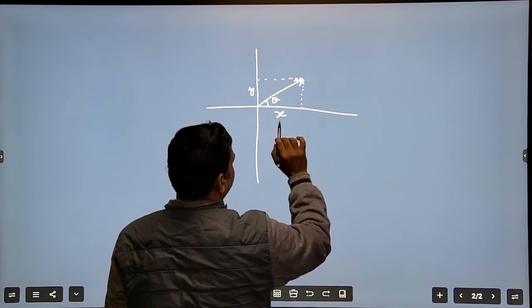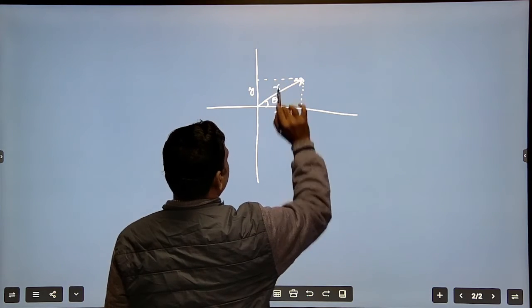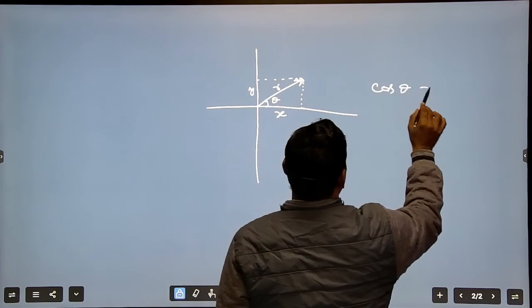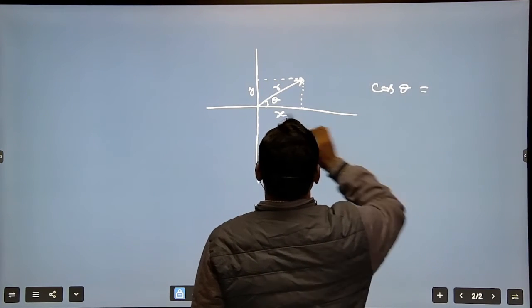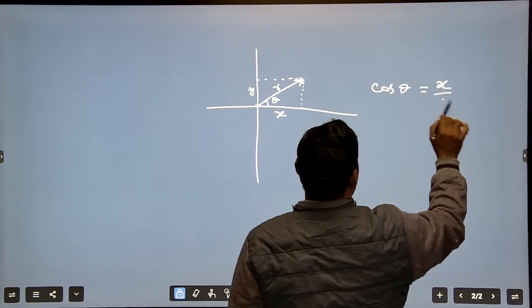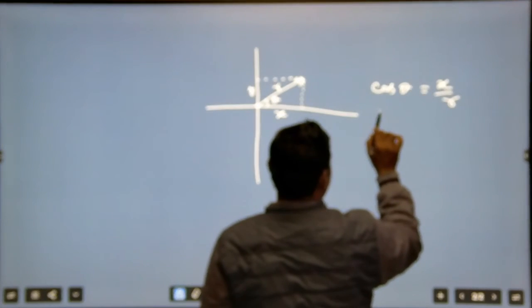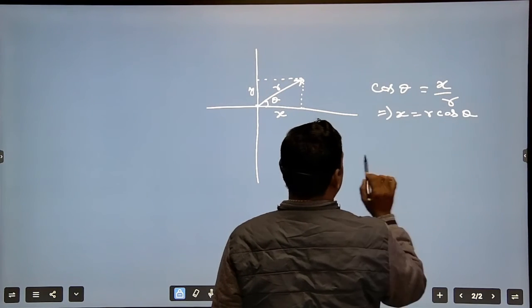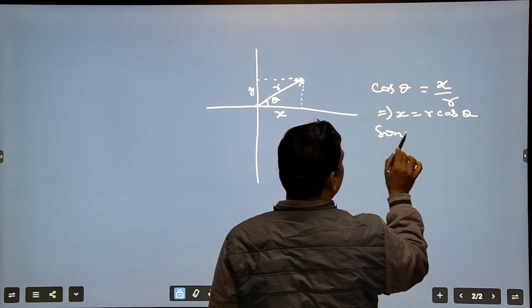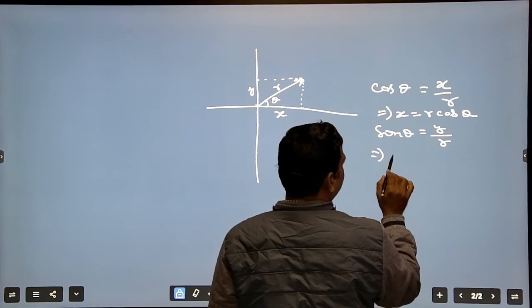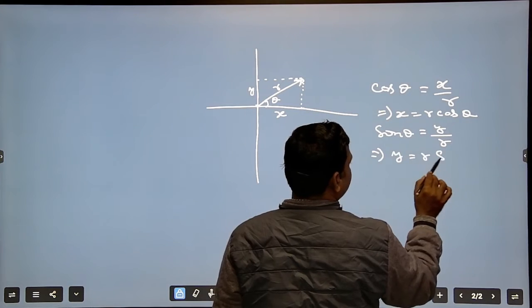One is x. Let the magnitude be r. So I can write cos theta is equal to b upon h. In this right angle triangle, this will be x upon r. Similarly, x is equal to r cos theta. Again sin theta will be equal to y upon r. So y is equal to r sin theta.